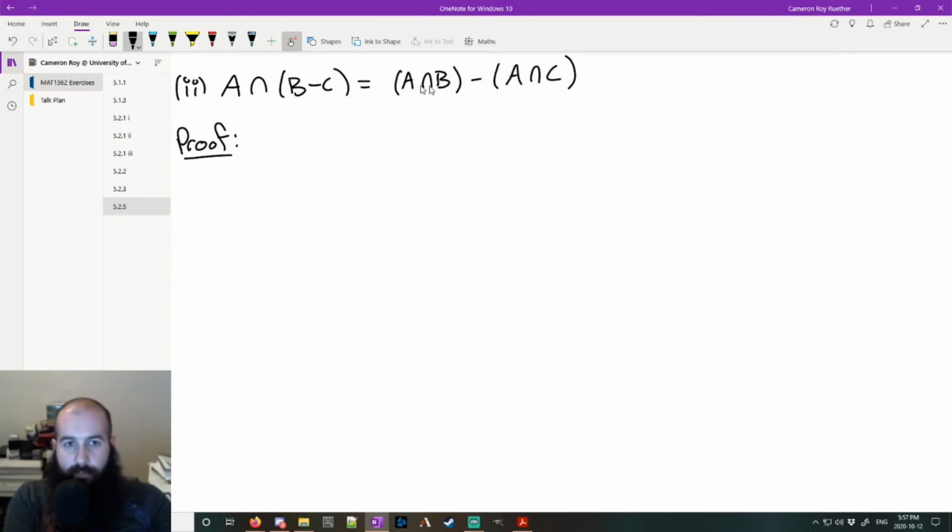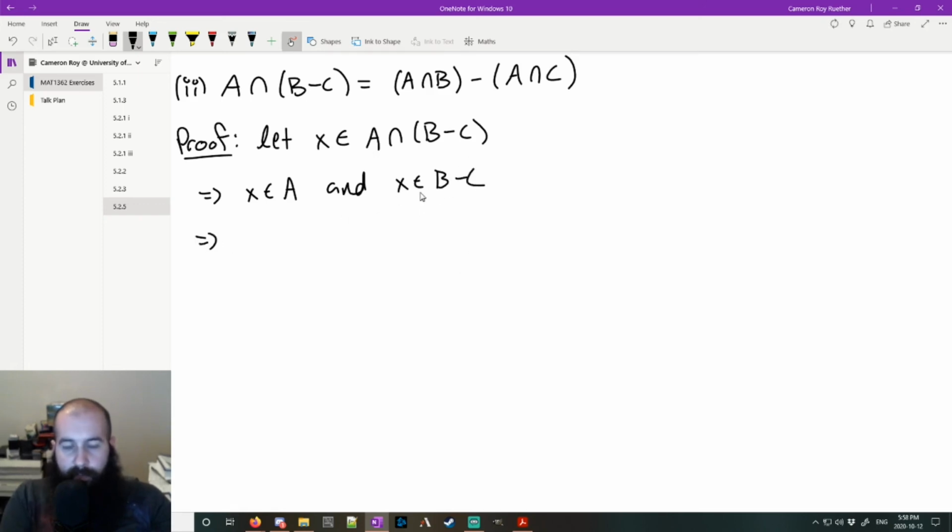So to show the first inclusion, let X be an element of A intersect B minus C. Since it's an intersection, this means X is in A and X is in B without C. This, X being in B without C, means X is in B and X is not in C. Now, since X is in A and B, this means X is in A intersect B.